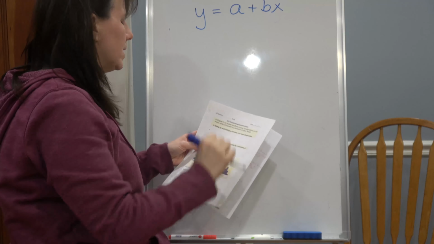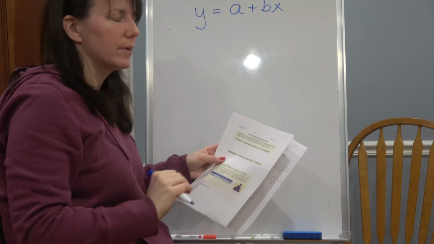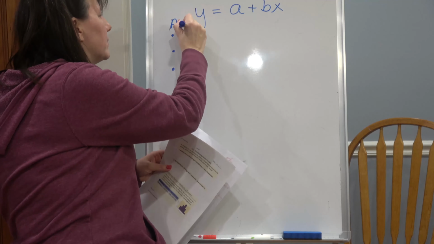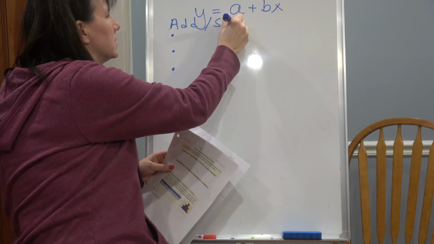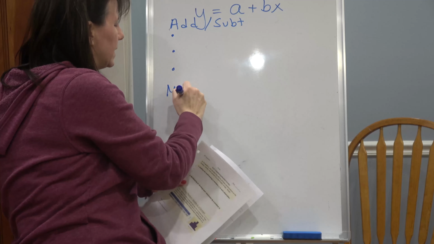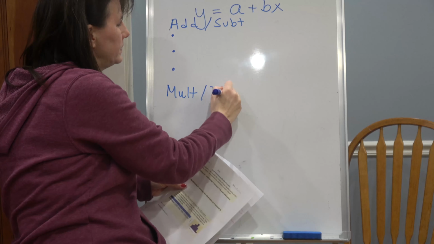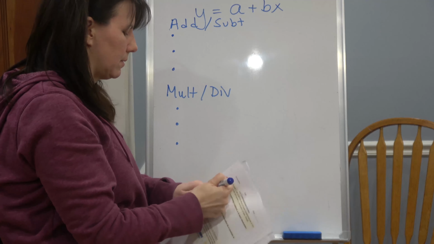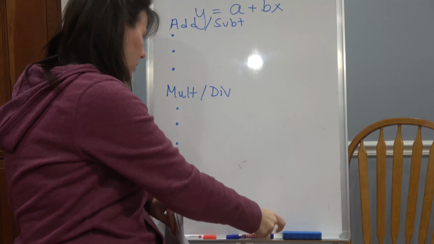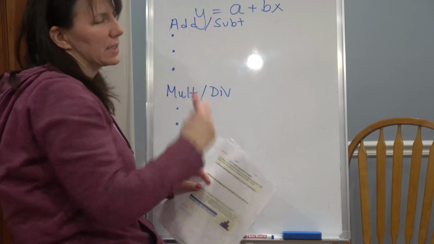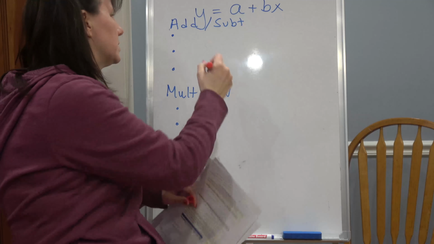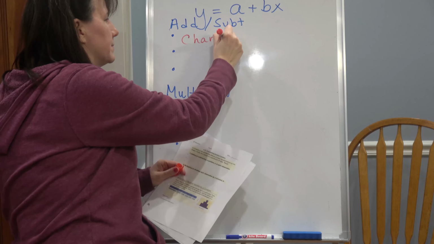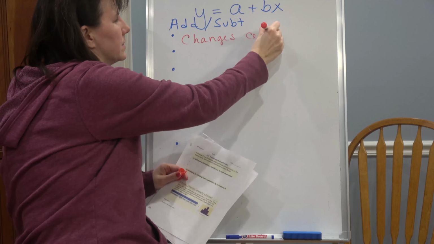You probably remember center, spread, and shape. What changes? So adding, subtracting versus multiplying, dividing. What changes the center? Will adding and subtracting change the center? Of course. It changes the center.